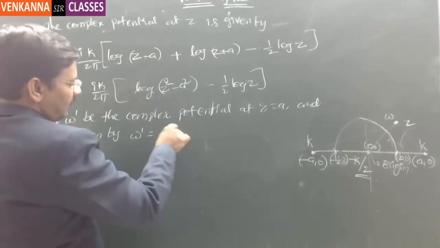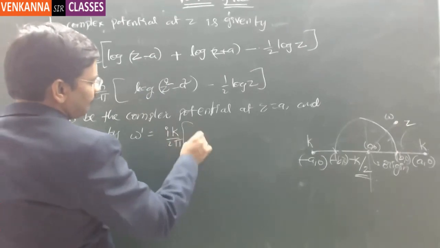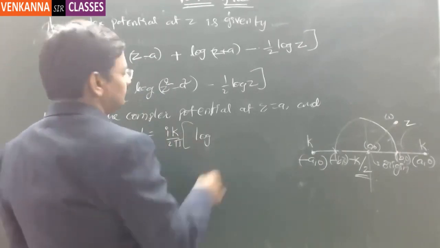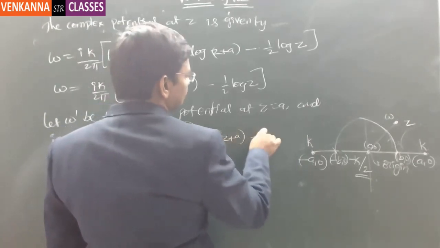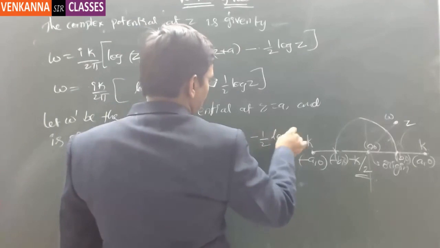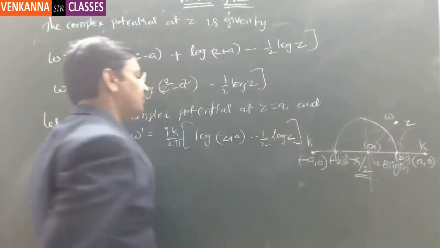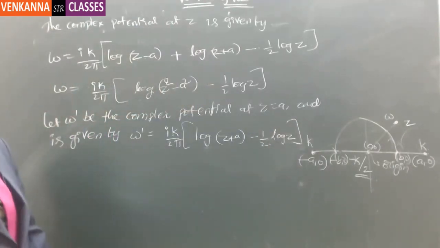Then it will be ik by 2 pi times log of Z plus A minus 1 by 2 times log Z. So this is the complex potential at the point A comma 0.